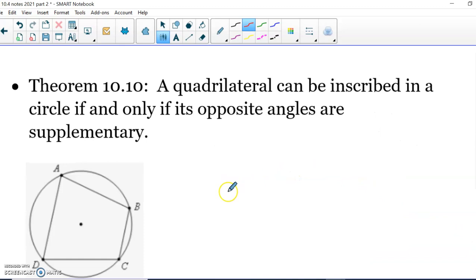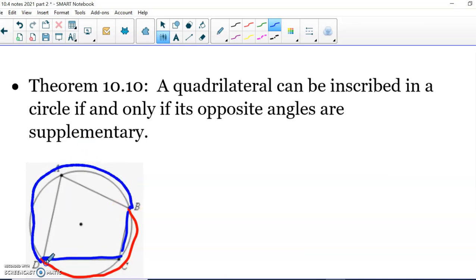The last one says if you have a quadrilateral inscribed in a circle, then opposite angles are supplementary. And again, that comes from our inscribed angle rule. So if you look at angle A's intercepted arc, it's right here. If you look at angle C's intercepted arc, it starts at B and goes all the way to D. So you see between angle A and angle C that they use the whole circle.